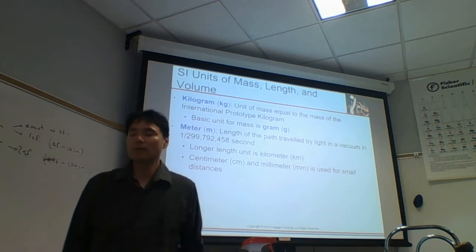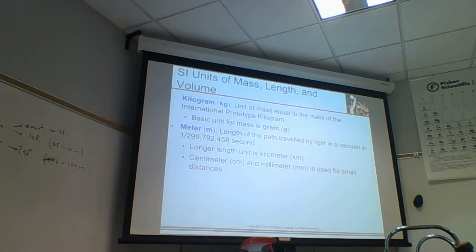And so how is a kilogram defined? Like for example, how would you know if you had exactly 1 kilogram? 1,000 grams, well, then how would you know what a gram is?